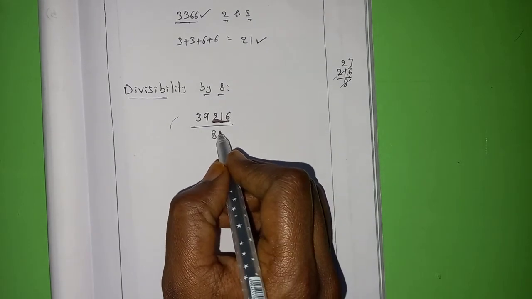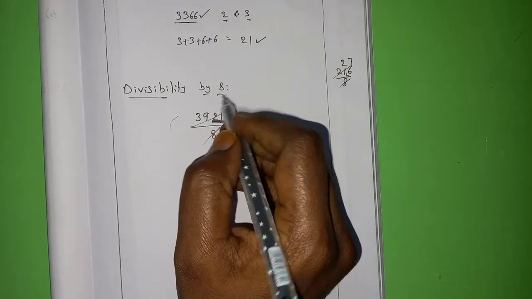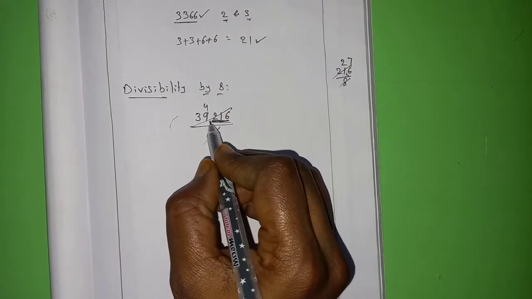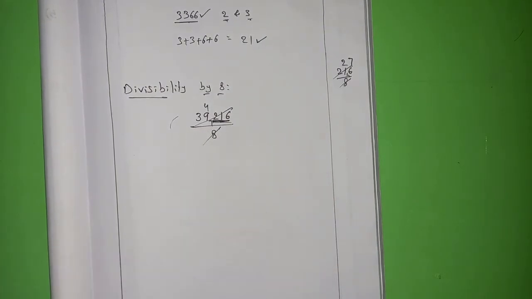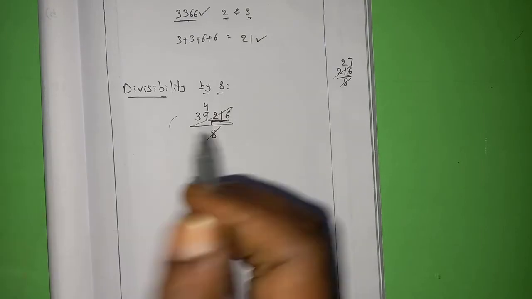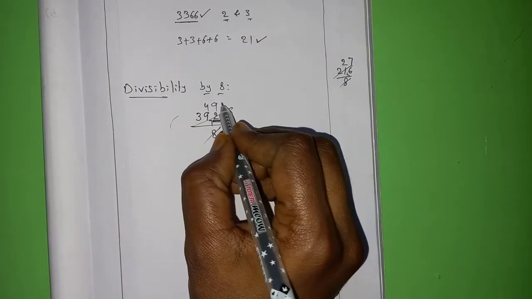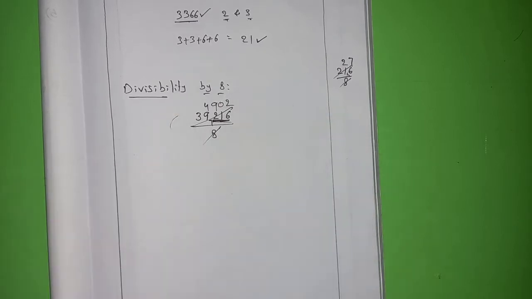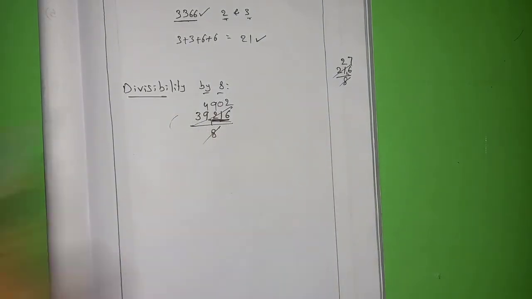If you have doubt, you can check. 8 4s are 32. Next 8 9s are 72, 8 2s are 16. Right? The whole number is divisible by 8 or not? Yes. You understand, no?